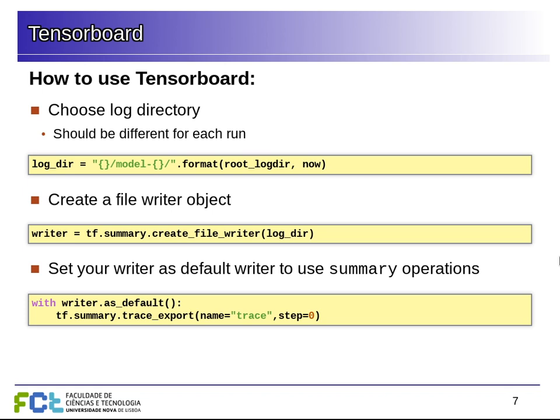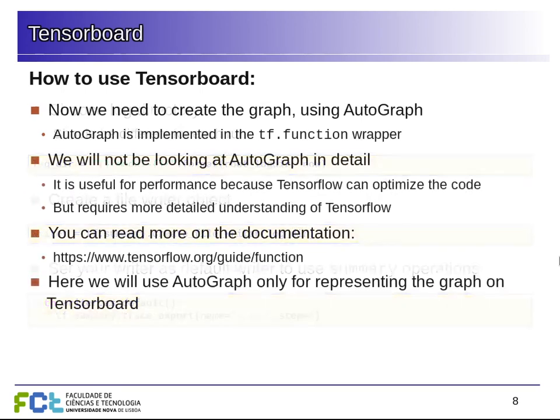So when we do things like trace export, the summary module knows which writer to use to export things to the log. So basically, these are operations that we can use to export information to the logs. And in this case, we are using this to show the graph of all the computations.